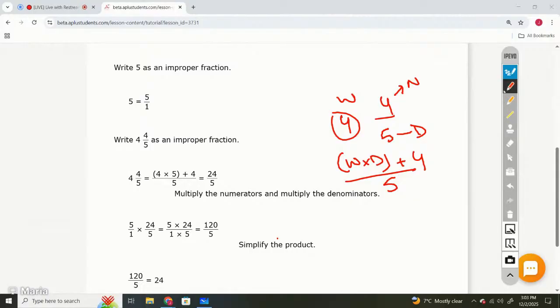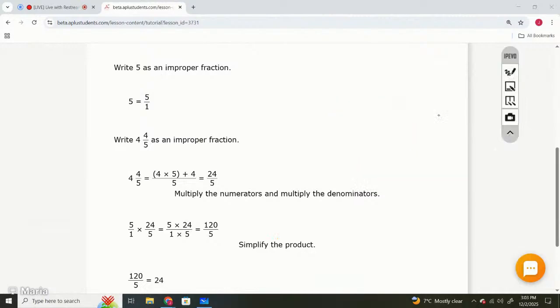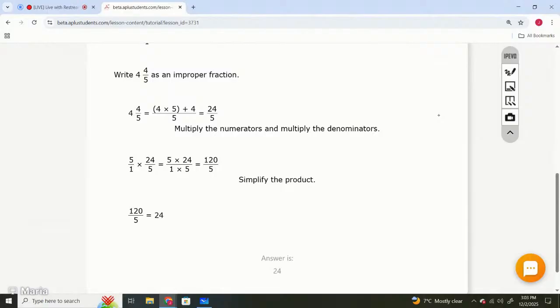So that is 24 by 5, right? So multiply the numerator to numerator and denominator to denominator, right? So we need to multiply 5 times 24 by 5, and 5 cancels out, so we are left with 24.